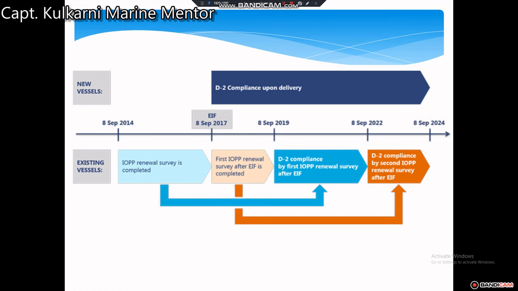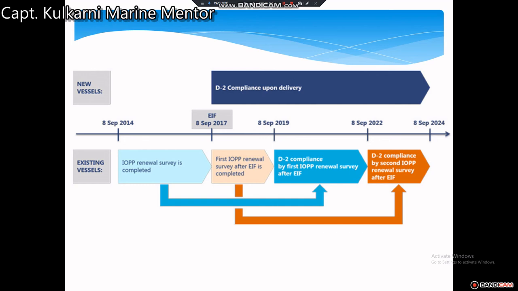D2 compliance by the second IOPP renewal survey is coming on 8 September 2022, which has already come. By 8 September 2024, all ships have to have D2 standards. So we are supposed to have a ballast water treatment plan. I'm going to discuss the treatment plans in the coming videos.